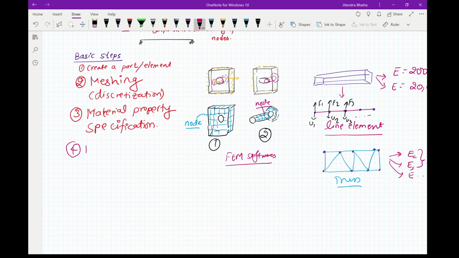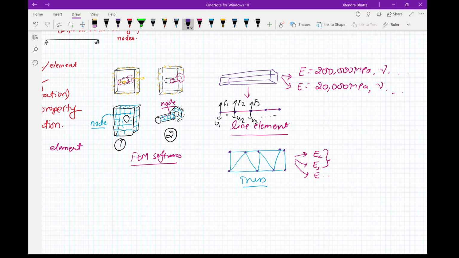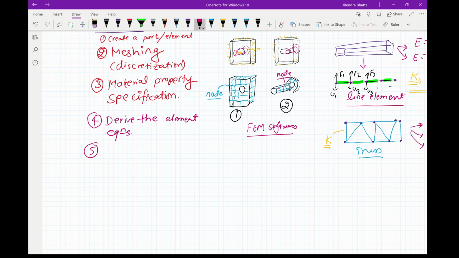Now the fourth step is to derive the element equations. Now for each of these separate elements here, you have to obtain your equation, which may be in the form of stiffness matrix. And then the fifth step will be to assemble the element equations to form a global system.